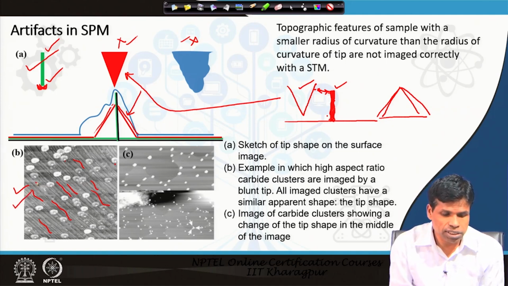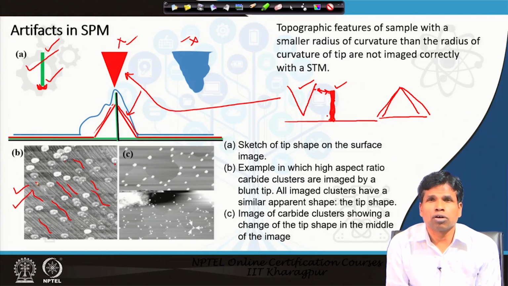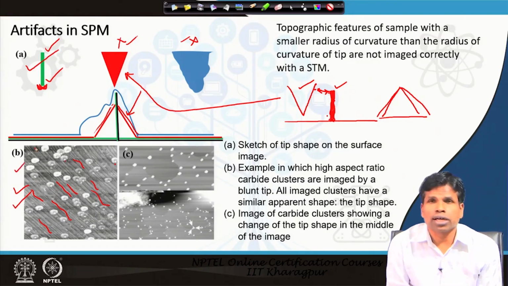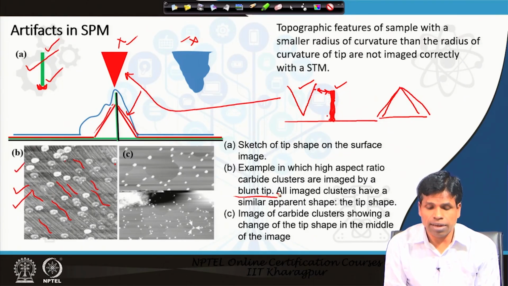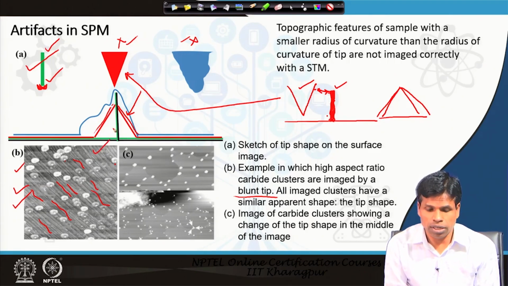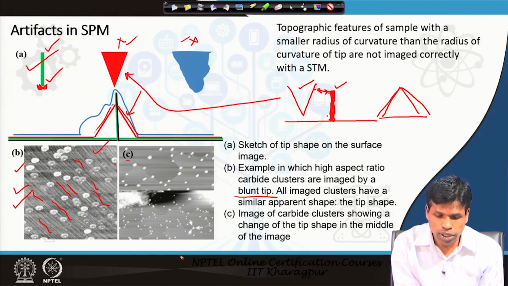So, this type of image indicates there is an artifact, something wrong with the tip. Here this image was collected with a blunt or not sharp tip, showing the image of the tip only, not the actual sample. In C, you could see those clusters of completely different shape.